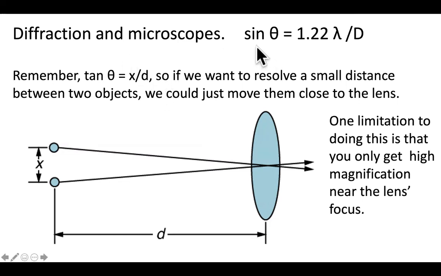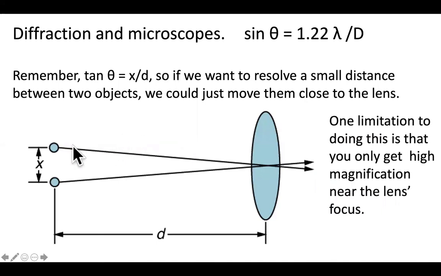So the key thing is when you're looking through a microscope, you want to see a small object, be it a cell or protein or a viral particle, anything like that. But the angle that matters depends on the ratio of that separation to that distance. Again, it's given roughly by tan theta equals x over d.